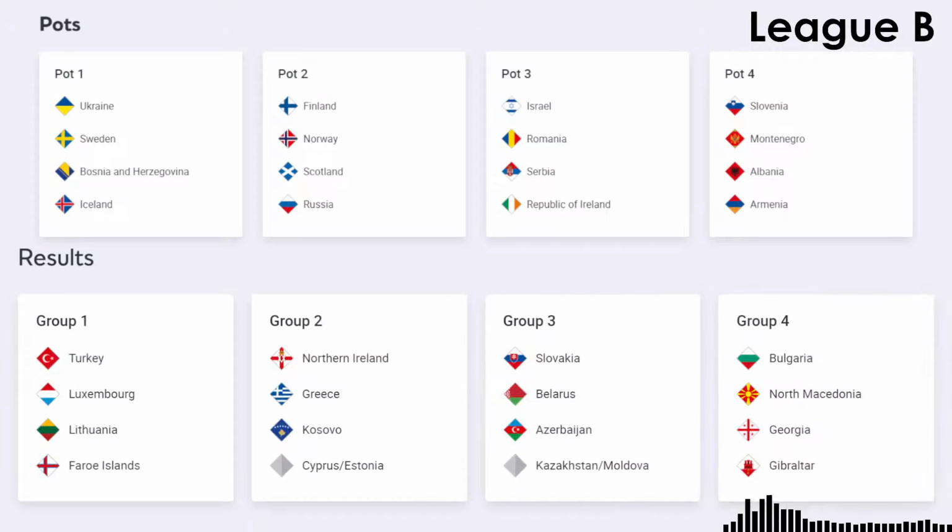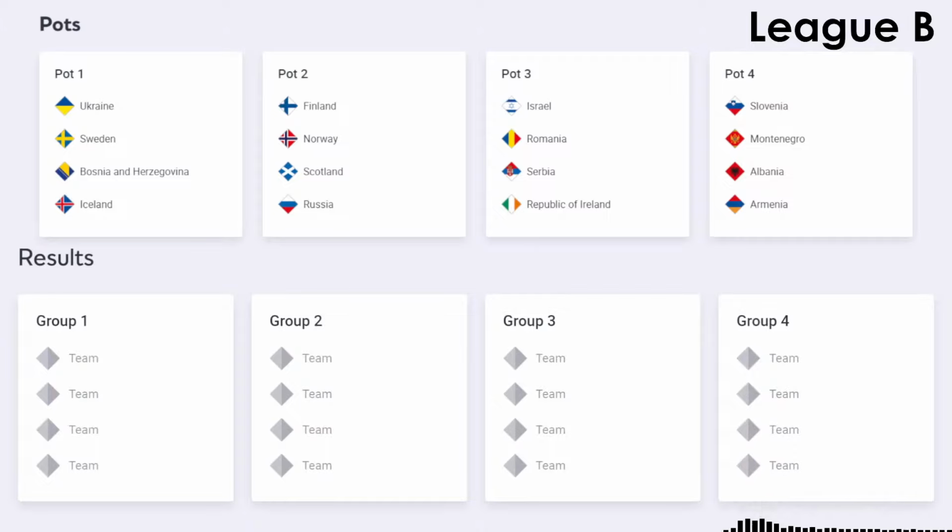And in League C, Group 1, Turkey, Luxembourg, Lithuania and Faroe Island, and Group 2, Northern Ireland, Greece, Kosovo, Cyprus versus Estonia's winner, and Group 3, Slovakia, Belarus, Azerbaijan, Kazakhstan versus Moldova's winner, and Group 4, Bulgaria, North Macedonia, Georgia and Gibraltar. Moving on to League B, guys. The League B draw is going to start soon.